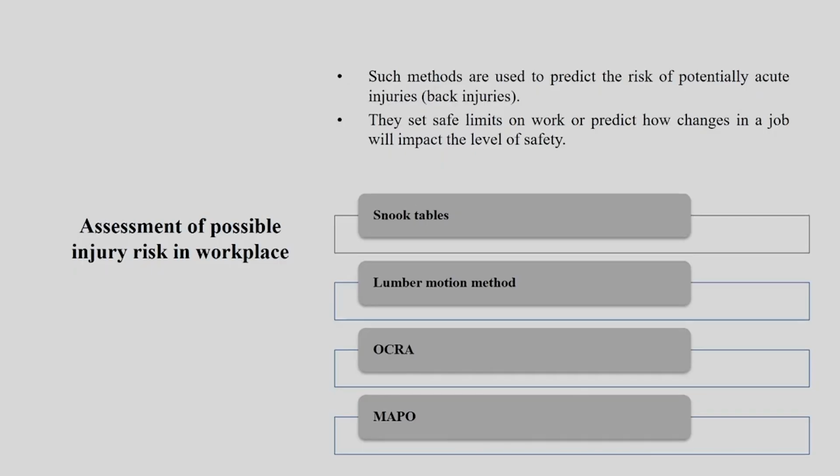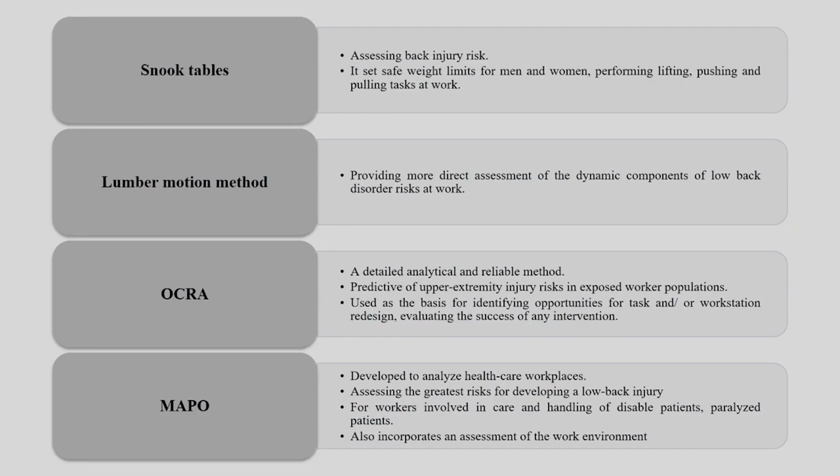Such methods are used to predict the risk of potential injuries, mainly related to the back. They set safe limits on work and predict how changes in a job will impact the level of safety. So let us understand what the Snook table is. It mainly tries to assess the possible risk of back injury.